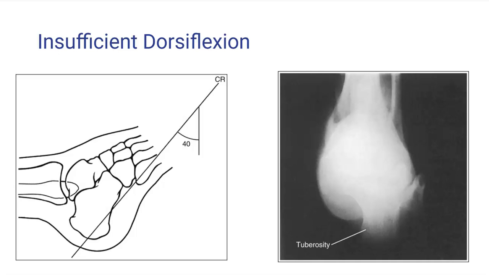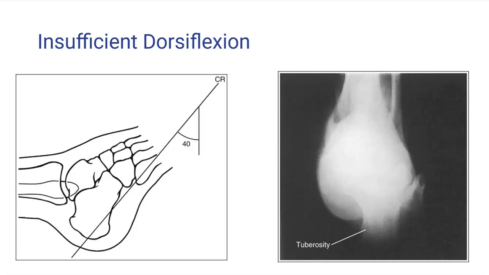In these cases, if the foot remains in that plantar flexed position while using that 40-degree angle, the talocalcaneal joint space will be closed and the central ray will align more parallel to the tuberosity's long axis, which causes excessive foreshortening of that tuberosity.